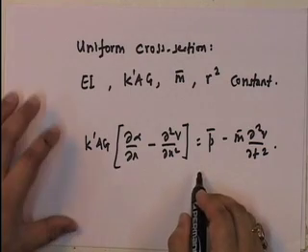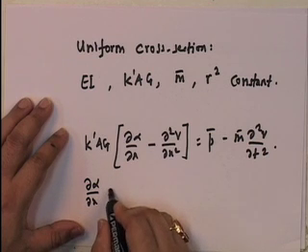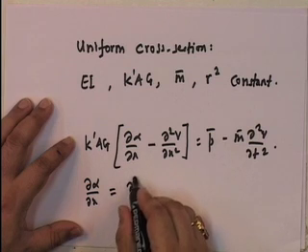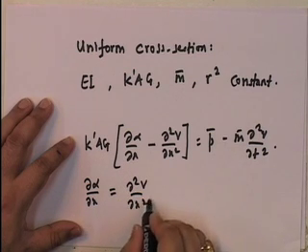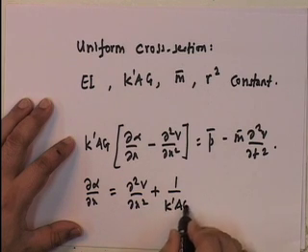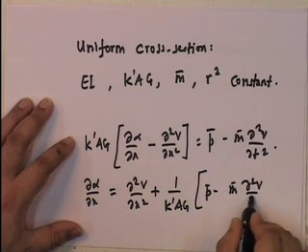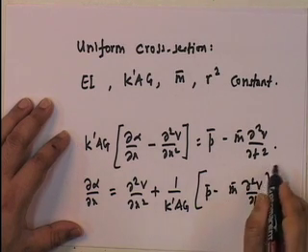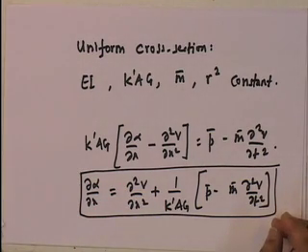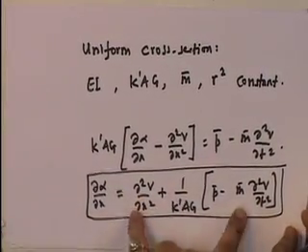So, in other words, if I just put it this way, I get del alpha by del x is equal to del squared v by del x squared plus 1 upon K prime A G into p. This gives me del alpha by del x in terms of only v's.